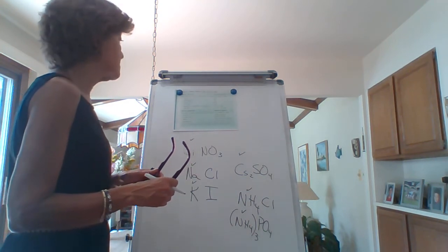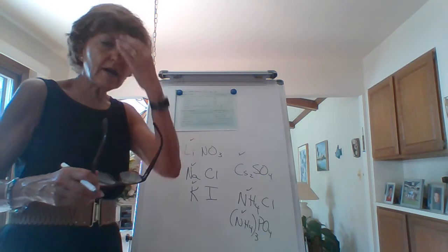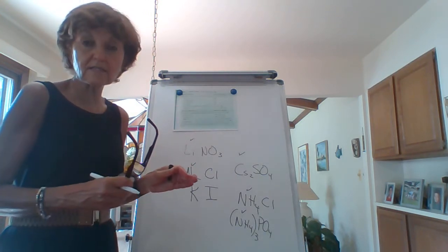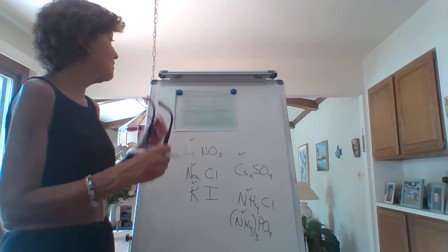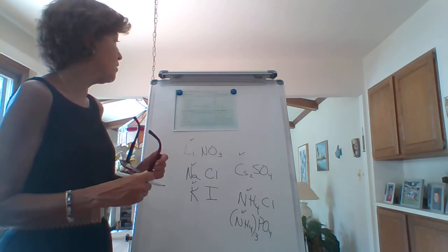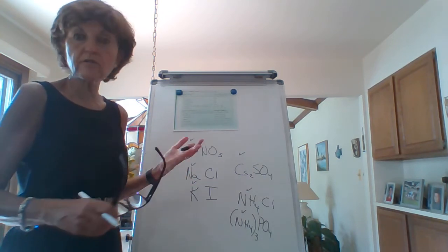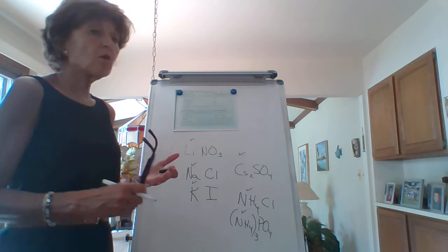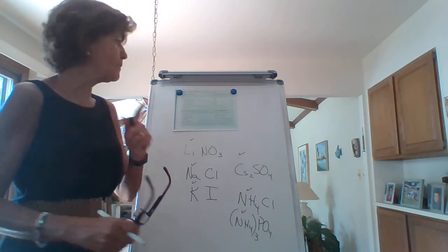Acetate. That's a polyatomic ion that I didn't talk about, but again, if you ever see that acetate polyatomic ion, they are all soluble in water. Nitrates, all soluble in water. Chlorides, bromides, iodides, all soluble in water, but there's an exception.